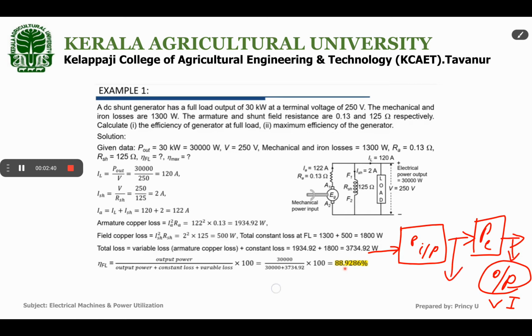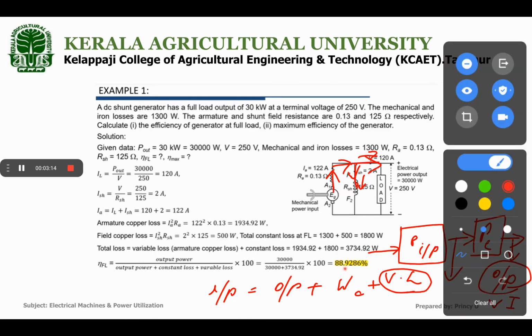So output plus constant losses plus variable loss gives input. You have to find IA square RA and ISH square RSH to get the copper losses. First you should know IA, the armature current, which is the sum of shunt field current plus load current.